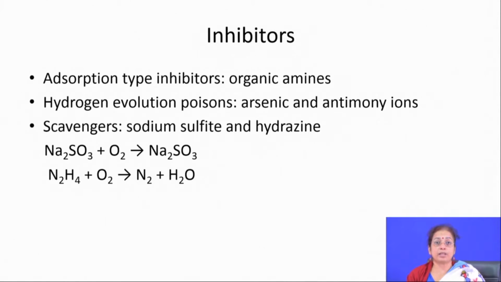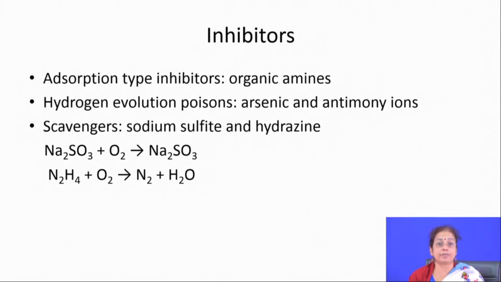Inhibitors, when added in the solution or in the environment, either reduce the aggressiveness of the environment, or take away some species which cause corrosion, or otherwise can also get adsorbed over the surface, and by that process protect the surface. So, there are different types of inhibitors available which are applied to protect the surface from corrosion.